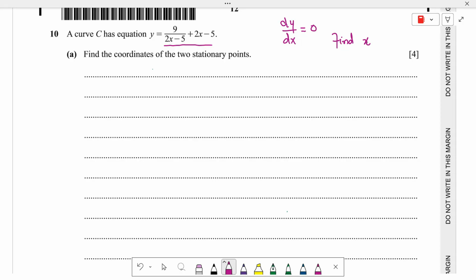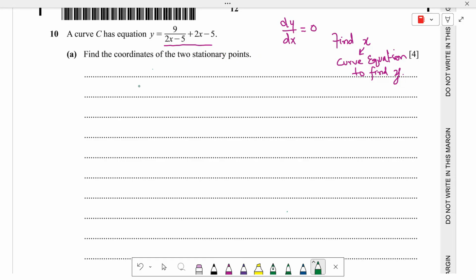And then this x coordinate will be plugged into the curve equation to find y. So this is the procedure or the approach we will use to find the two stationary points.